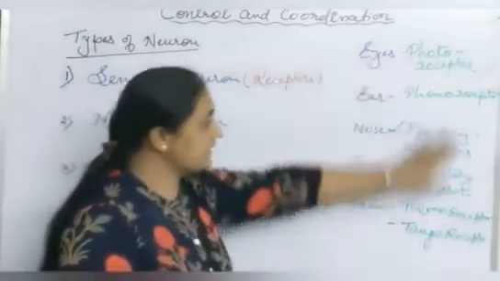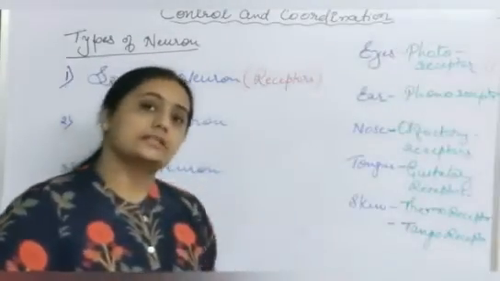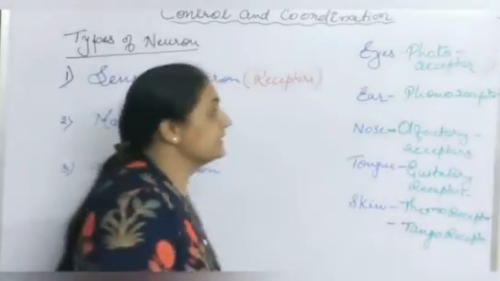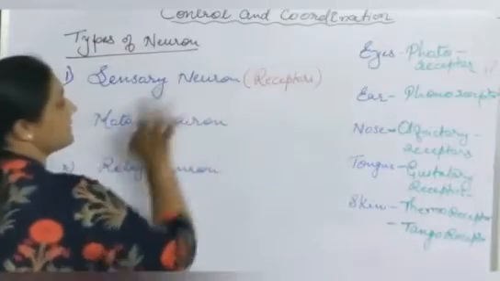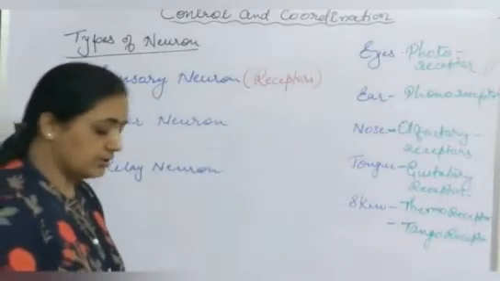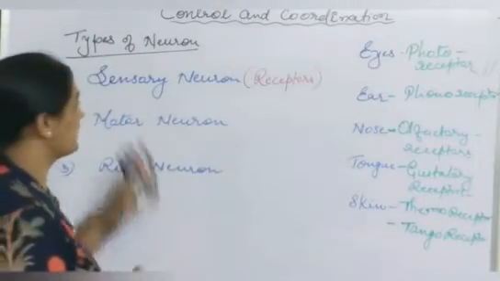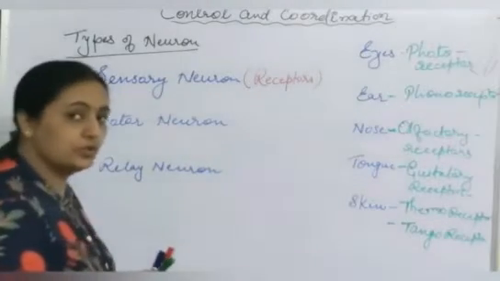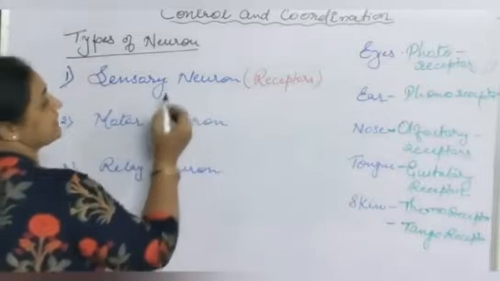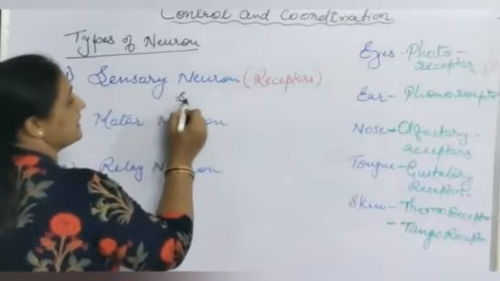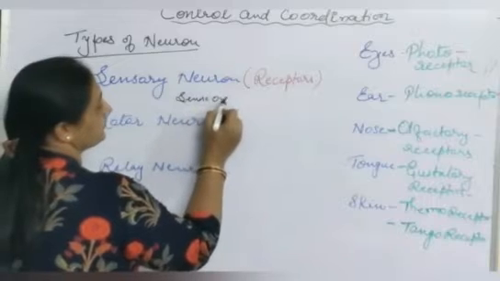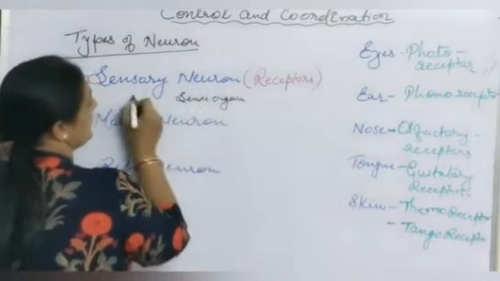So these are the various receptors present in the sensory organs, and these sensory neurons are called receptors. What is the role of the sensory neuron? The role of the sensory neuron is to receive impulses from the sense organ. What do they receive?